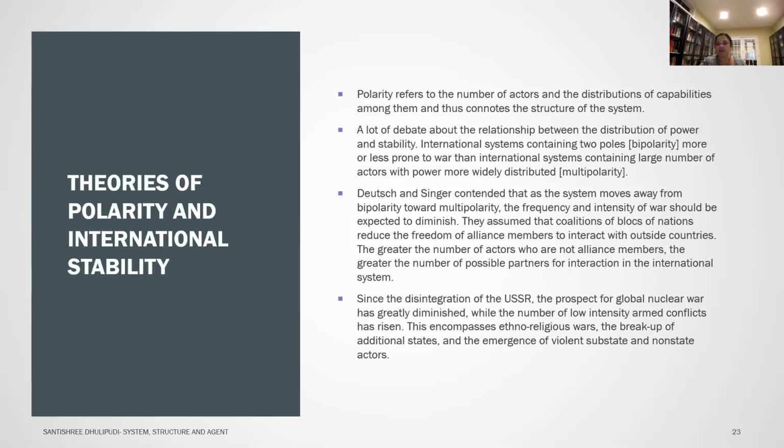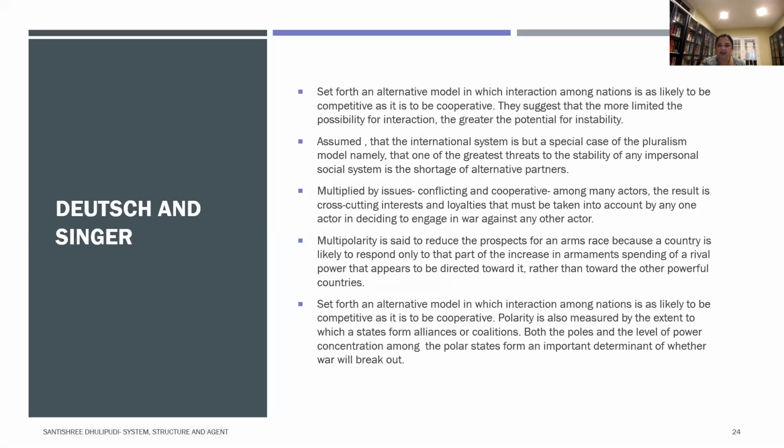While the number of low-intensity armed conflicts has risen, this encompasses ethno-religious wars, the breakup of additional states, and the emergence of violent sub-state and non-state actors. Critics of Deutsch and Singer set forth an alternative model in which interaction among nations is as competitive as it is cooperative. They suggest that the more limited the possibility for interaction, the greater the potential for instability.